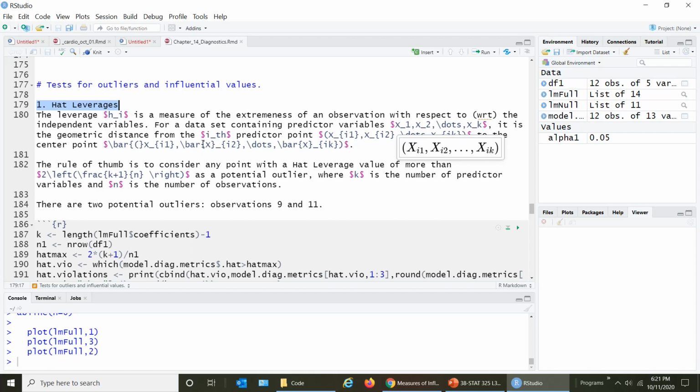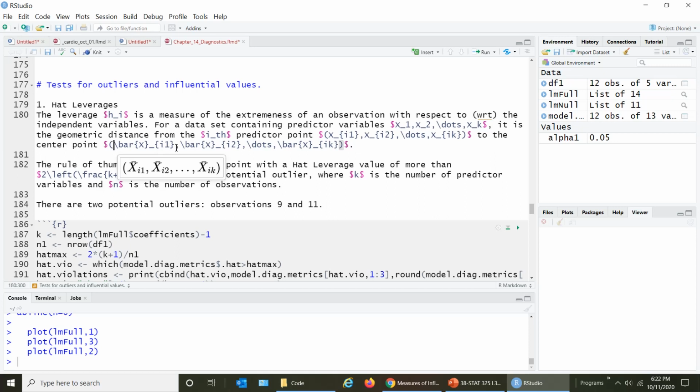which would be the x bars. Okay, so x bar 1, x bar 2, up to x bar k would be the center point.